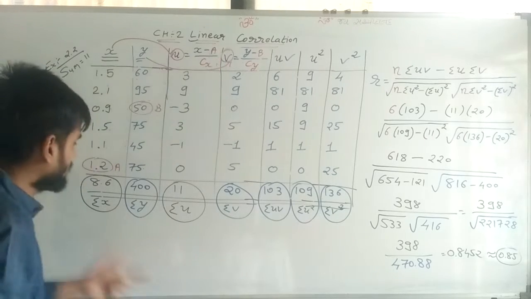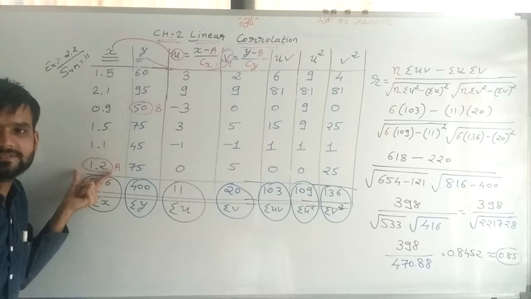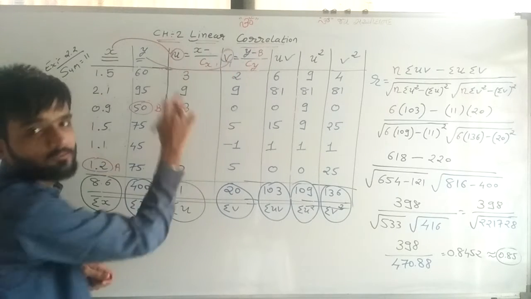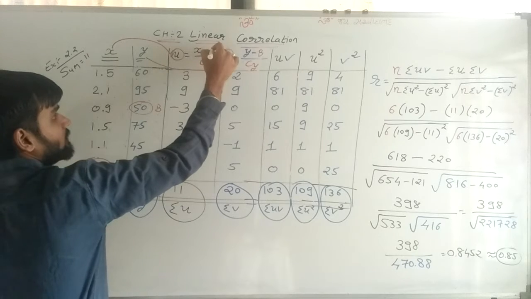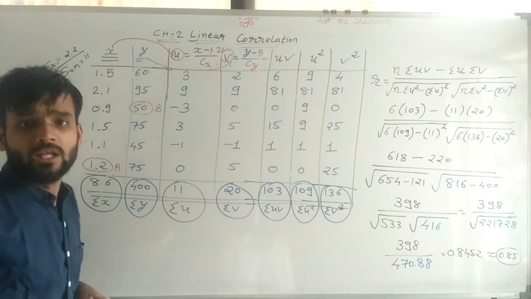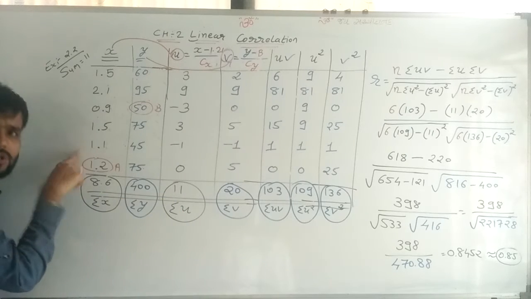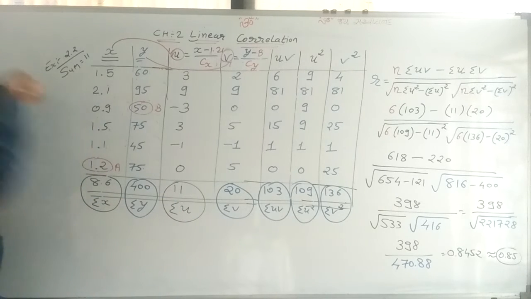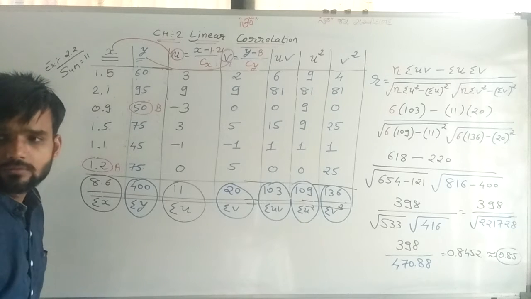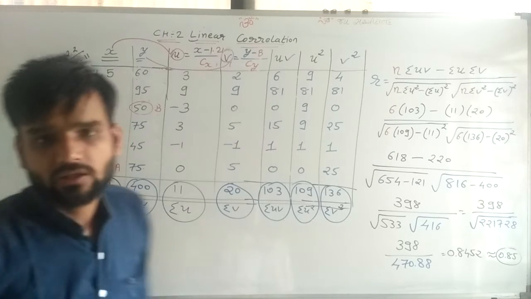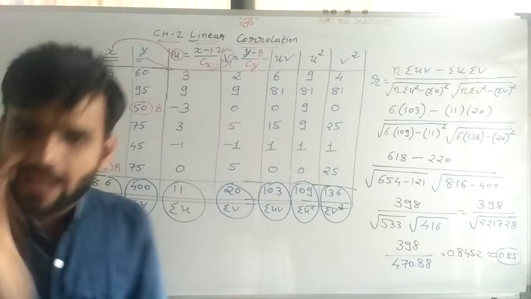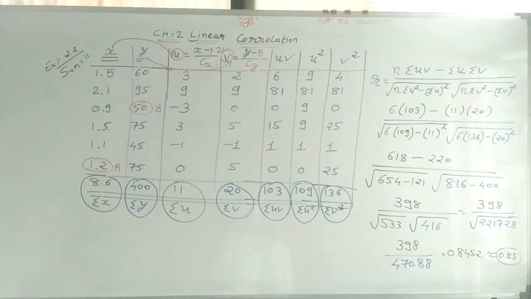Here I have assumed 1.2, so I am writing 1.2 instead of a as the assumed value. You can assume 1.1, you can assume 1.5, you can assume 0.9, whatever you want. But here I have assumed only 1.2.